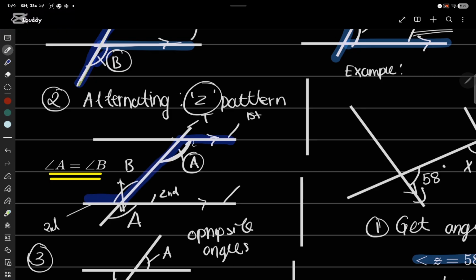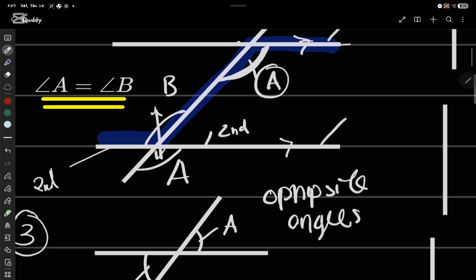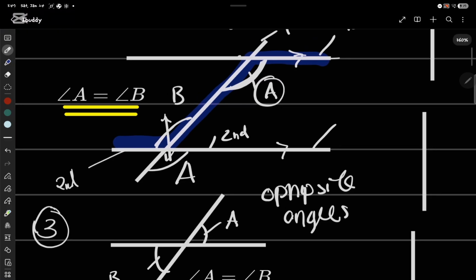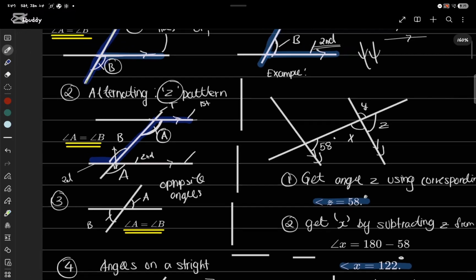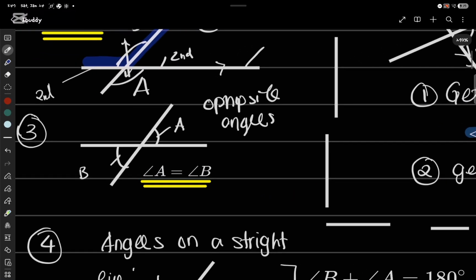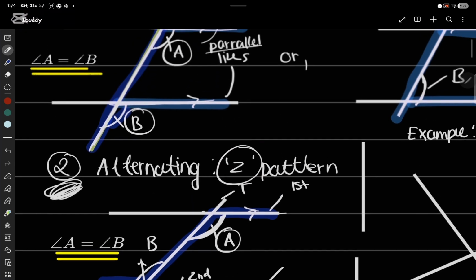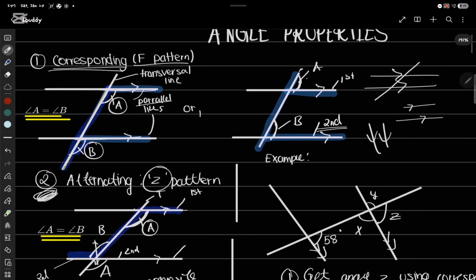One angle is going to be under the parallel line on one side of the transversal, and another angle will be on the other side of the transversal and above the second parallel line. Our first two properties are the most important rules for parallel lines that you have to remember.